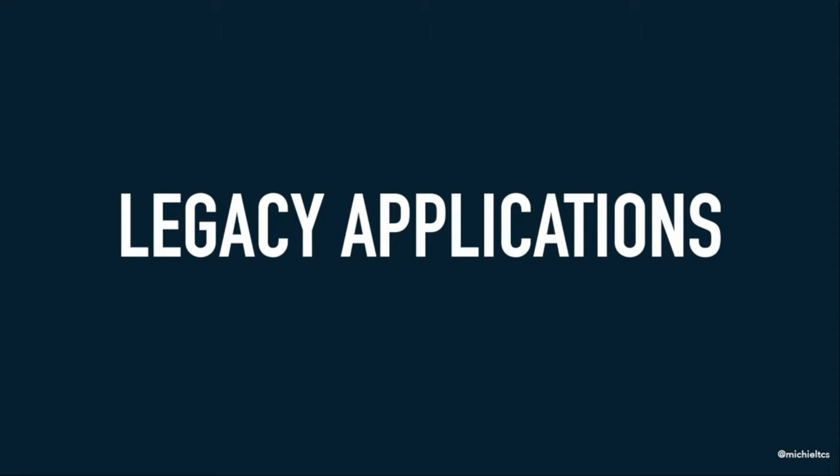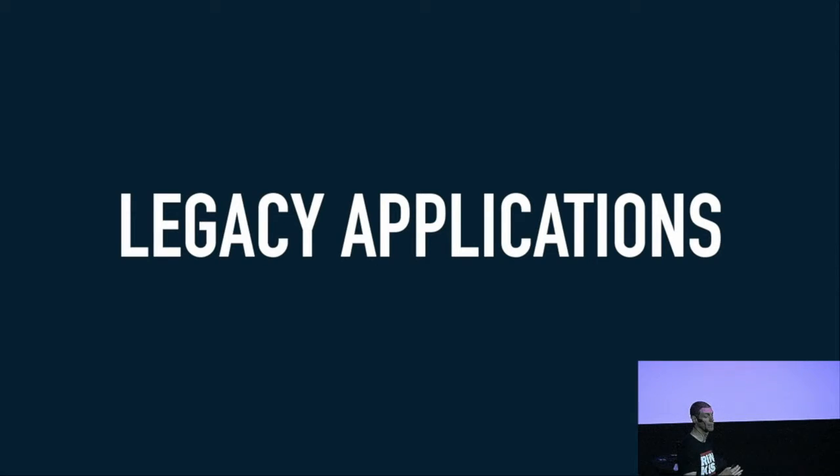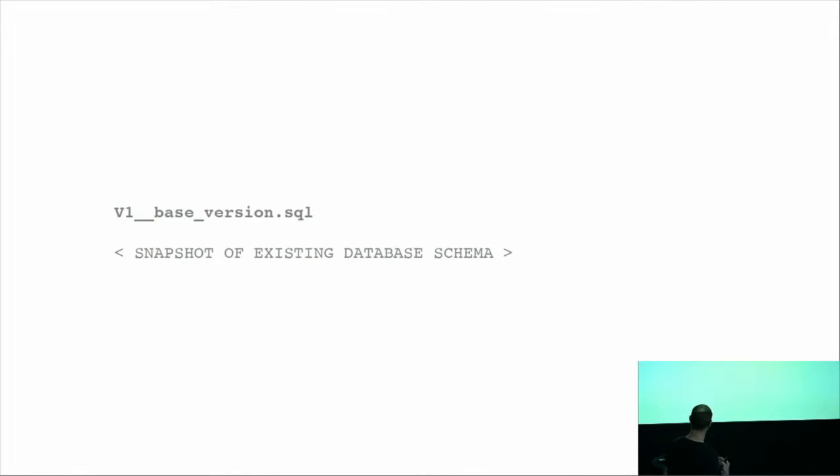So how do you deal with applications that are not using database schema migrations yet, and you want to start using them, and you already have a database that is in a certain state, that has a schema that is running? Well, Flyway has a way of doing that. Basically, what you need to do is create a dump of the structure of your database.